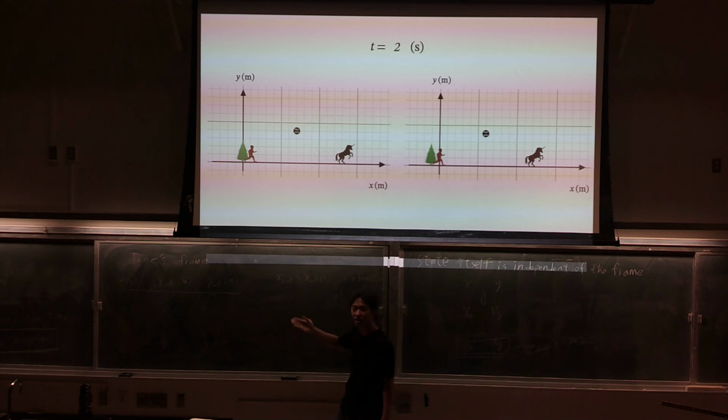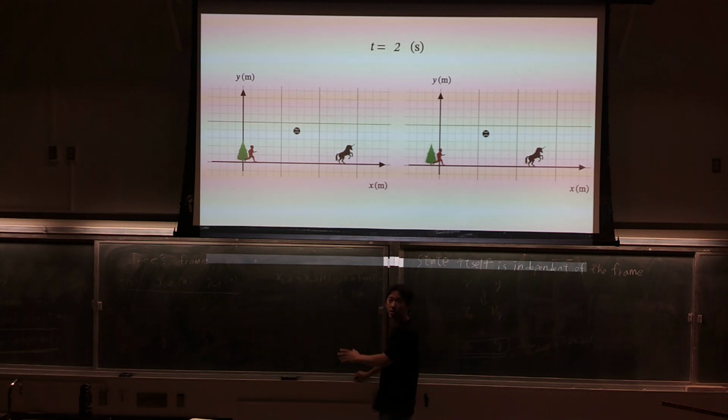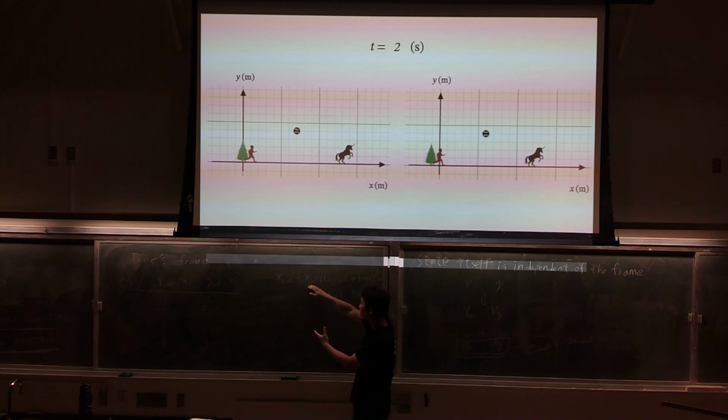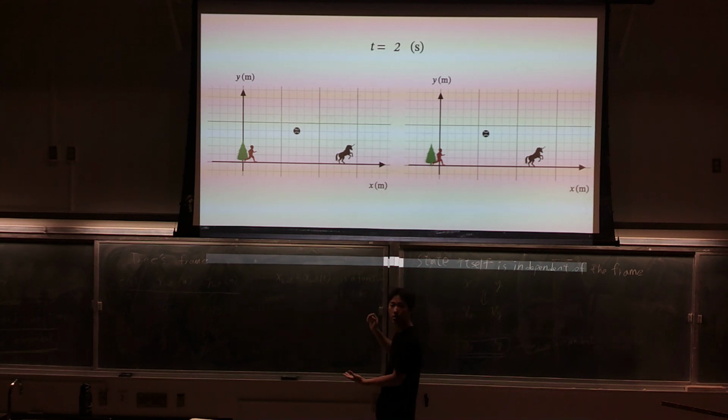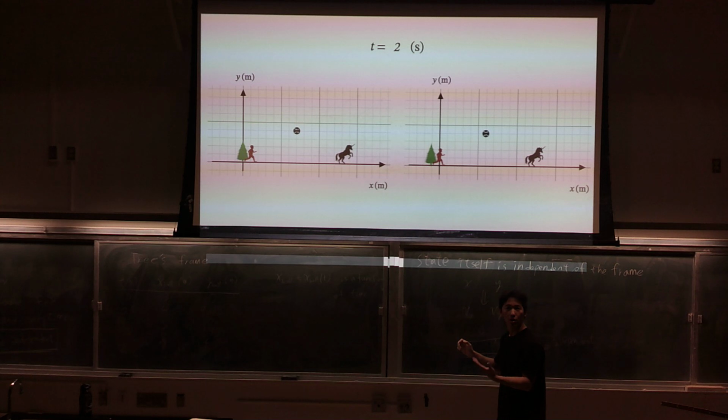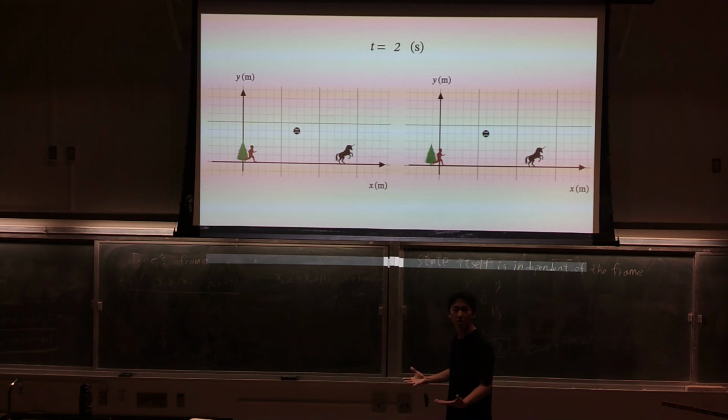It looks like I'm writing x equals x, but here the parenthesis is not multiplication, because if you want to multiply x with t, you don't need the parenthesis. If you have this parenthesis, usually it means that the thing in front is a function of t. So the key to describe motion is to write x as a function of time.